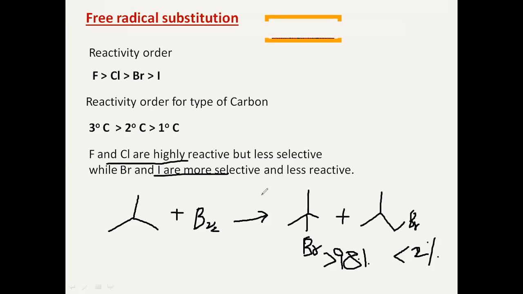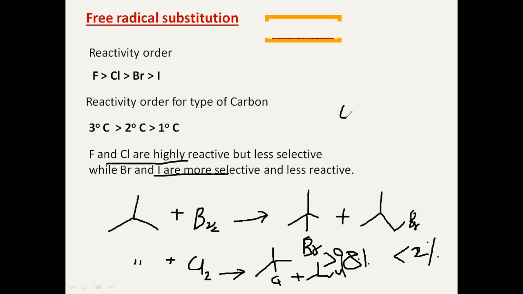But instead of bromine, if you take chlorine here with the same compound, definitely chlorine will attach to this tertiary carbon first, and another product would be like this, Cl here. But what is the percentage ratio?